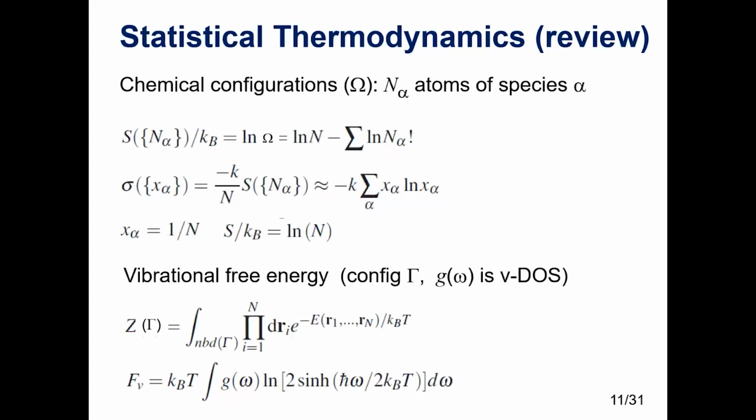So let me remind you a little bit about how to calculate these quantities. Well, let's first think about the chemical configurations. There will be some exponentially large number of distinct chemical configurations, distinct arrangements of chemical species on the lattice sites. Let's let that number be capital omega.